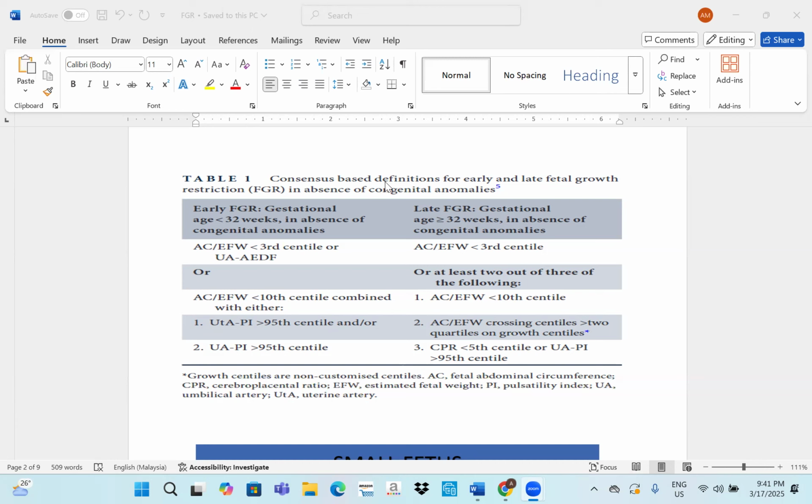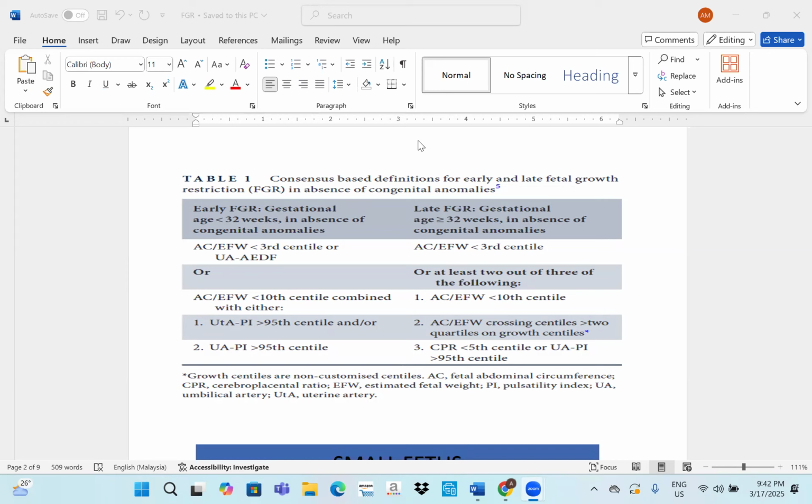What does this mean? Usually, the ratio of the middle cerebral artery Doppler pulsatility index and the umbilical artery Doppler pulsatility index is called the cerebroplacental ratio. When this ratio is equal, it means that at the middle cerebral artery and umbilical artery it is 1:1. It means that both to the brain and rest of the body, the blood supply is equal.